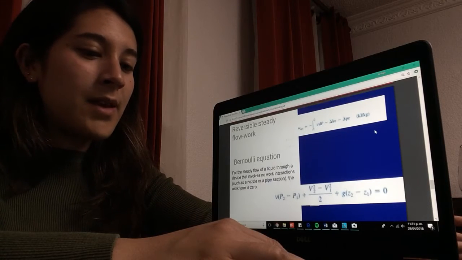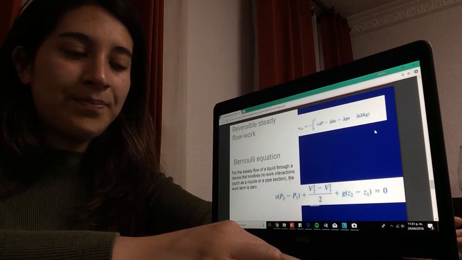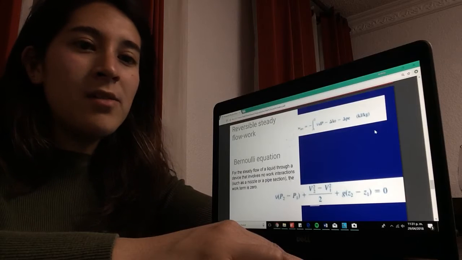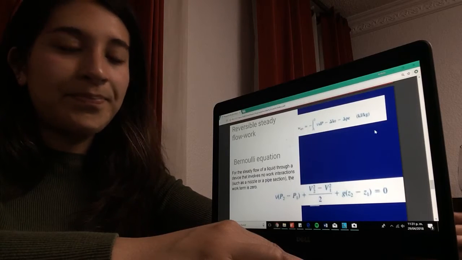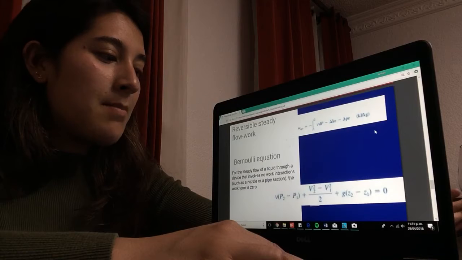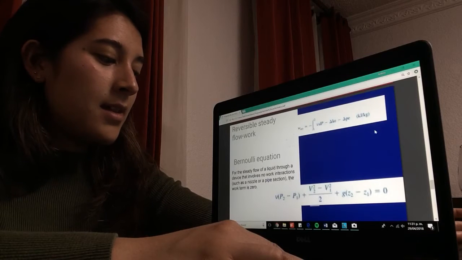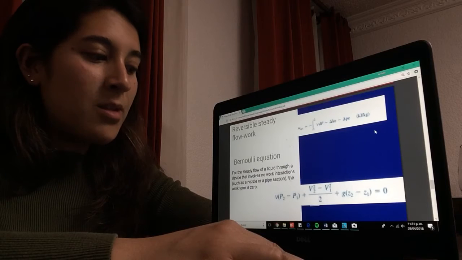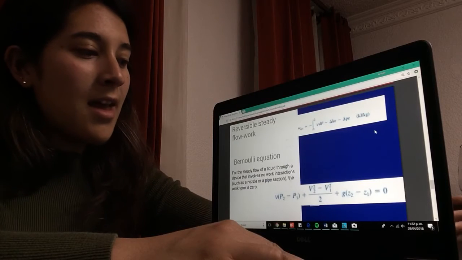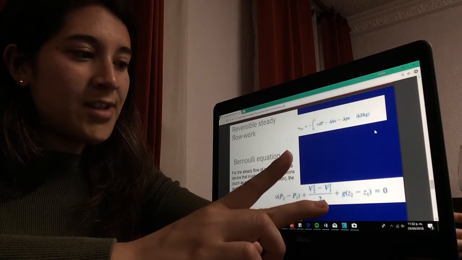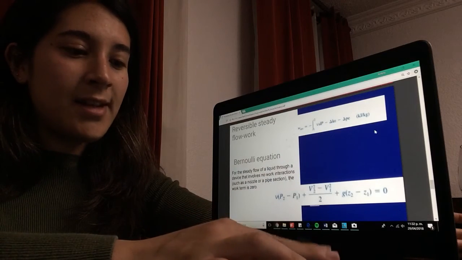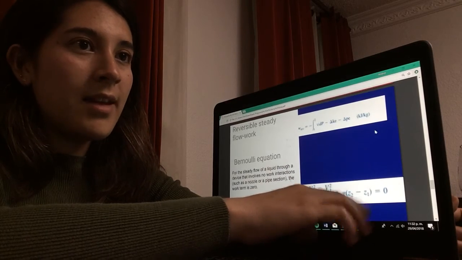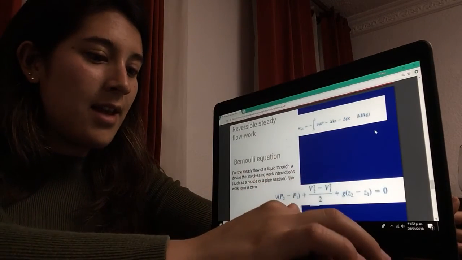This type of system is going to be applicable to the systems that we saw before, for example nozzles and pipe sections, and the work is always going to be 0, and it's the volume times the difference in pressures plus the difference in kinetic energies plus the difference in potential energies. The z is going to be the height, the difference in heights.